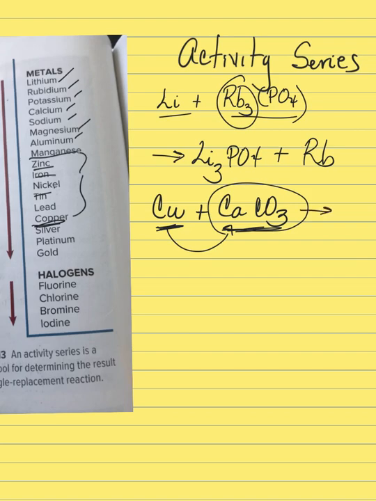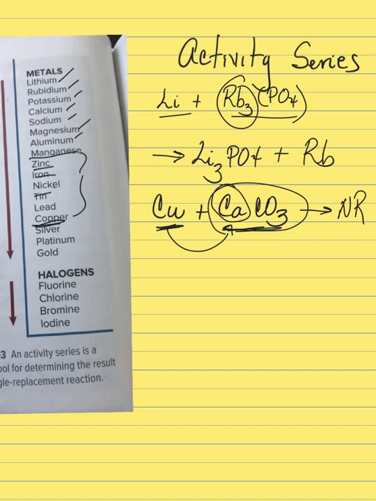The answer is no. In this case, you're not going to have any reaction, because remember, representative metals are going to be able to displace any transition metals. But within the representative metals they have an order, and within the transition metals they also have an order.